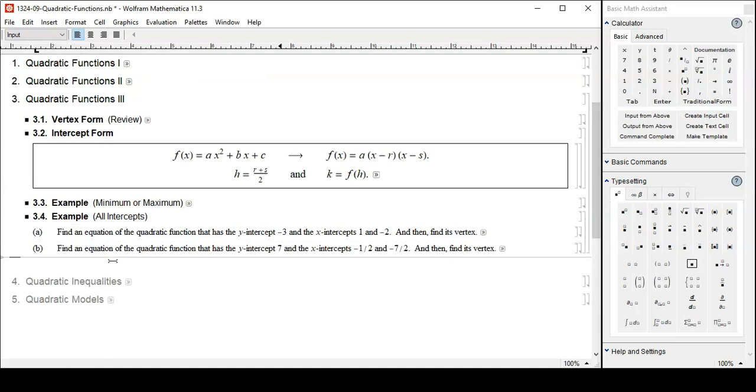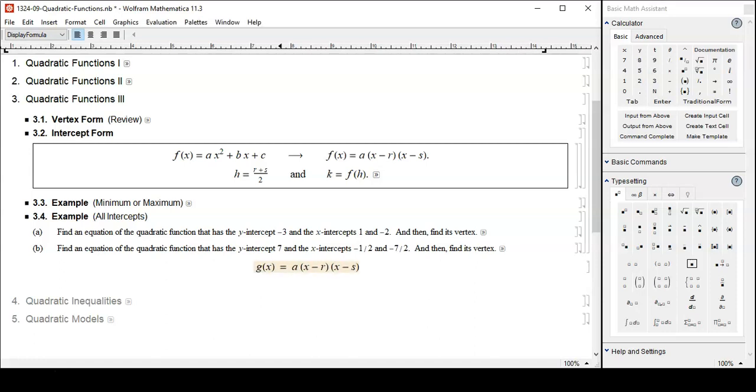Well, did you try? Y equals, well, I use g of x equals a times x minus r, x minus s, but r here in this case is negative 1/2, so x plus 1/2, and negative 7/2, so x plus 7/2, and there goes my equation. And as usual, the key is the a value.